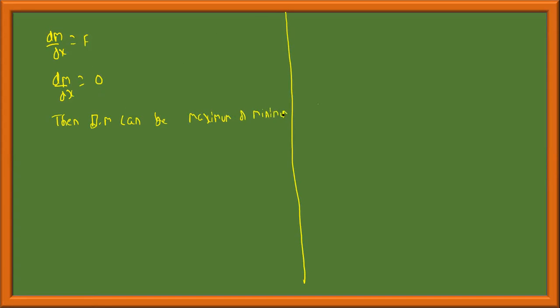If the first derivative is zero, then the second derivative can be negative or positive. We don't know, but generally we say it is maximum as we require.